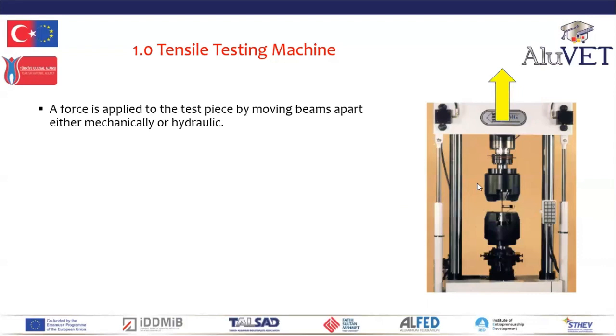A force is then applied to the moving beam, moving the beams apart, so stretching or straining the test piece. The force can be applied mechanically, that is a dead weight, or hydraulically, or through a motor and screw arrangement.